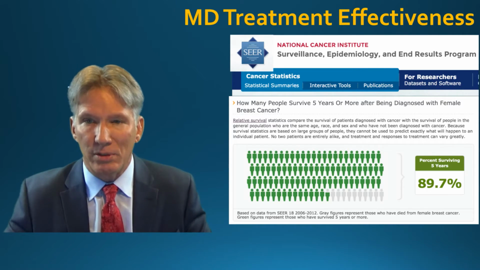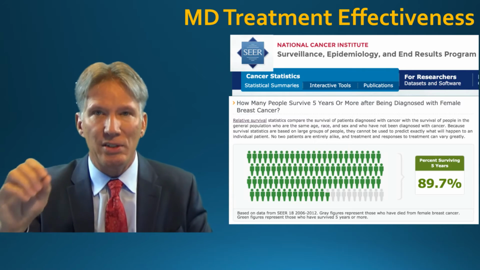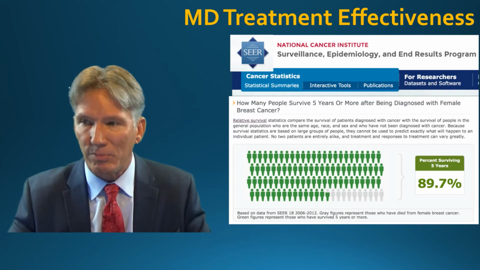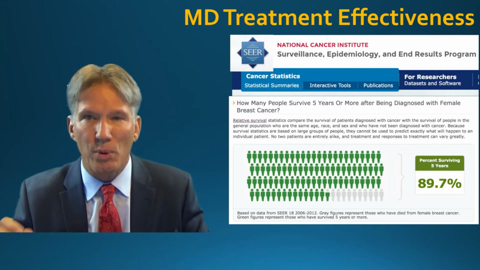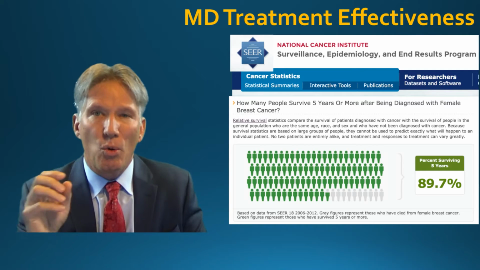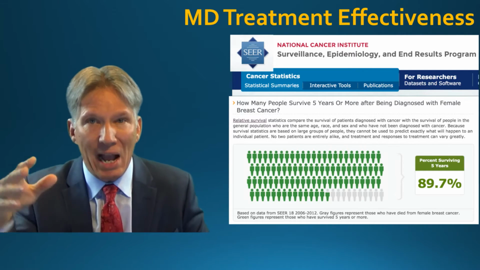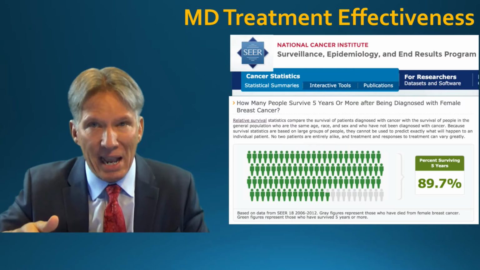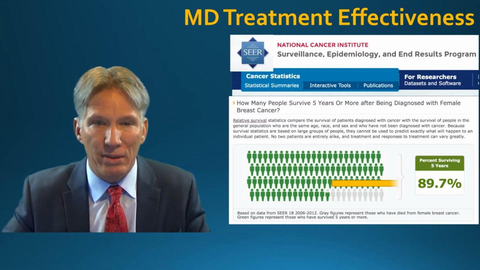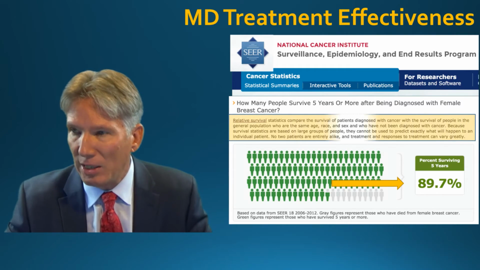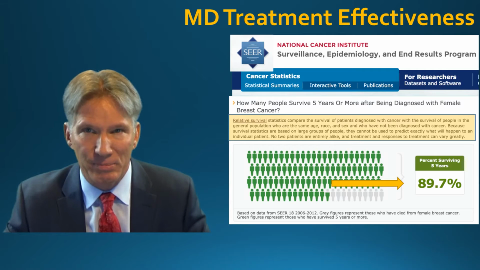Well, the devil is in the details, because these data were derived when you compare women who have breast cancer and how long they live after they had breast cancer with the general population.